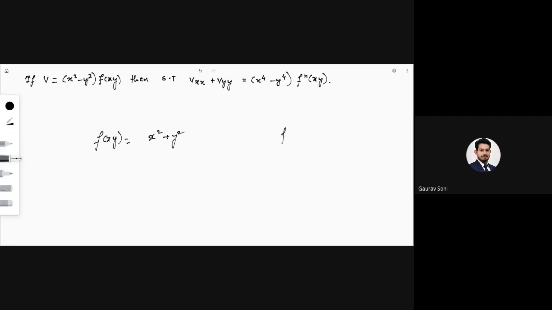Okay, f of x is equal to x cube. What will be f of x into y then? Say f of z is equal to z cube. What will be f of x into y? X cube y cube.